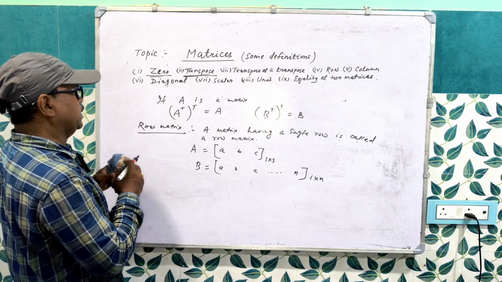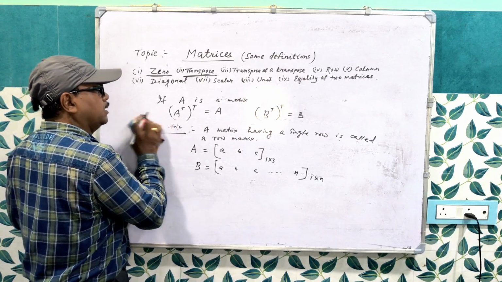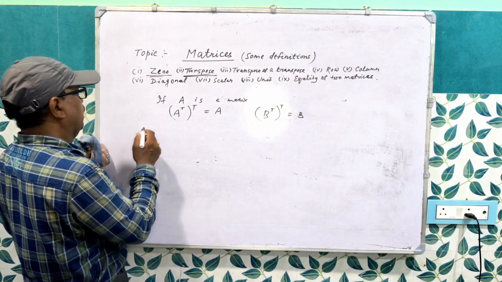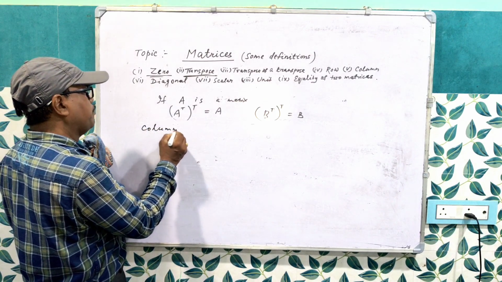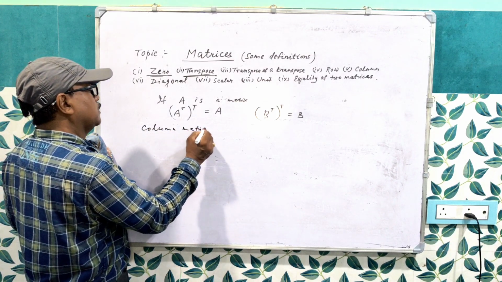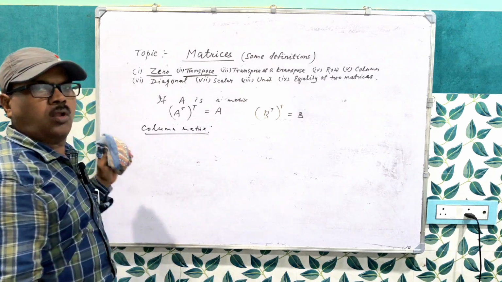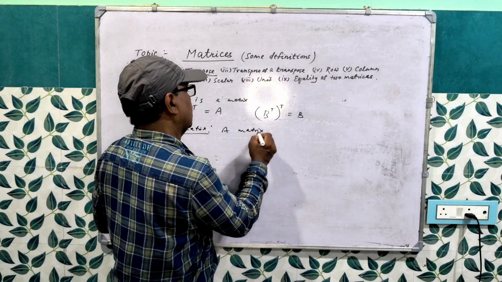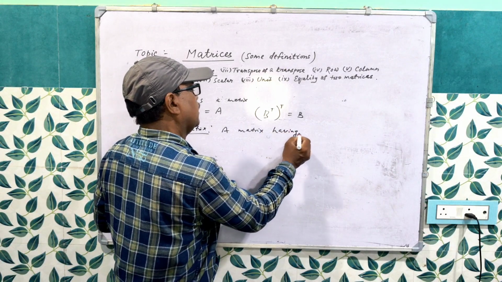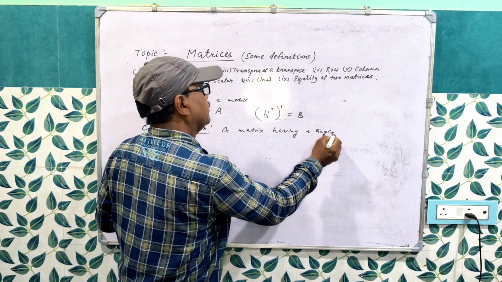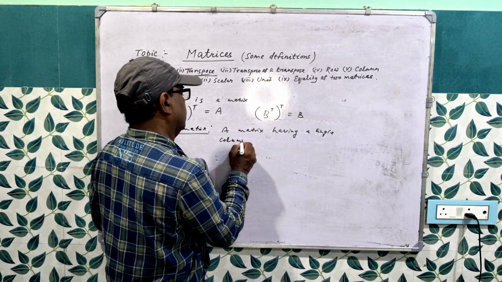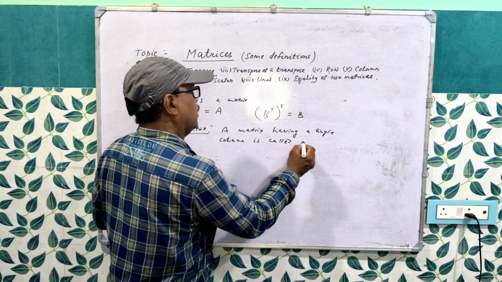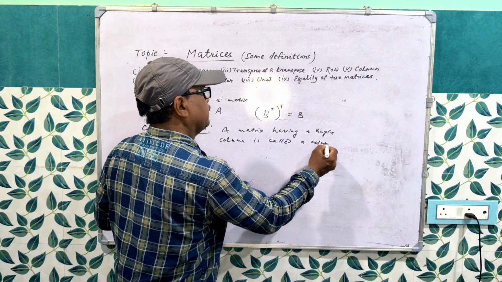Similarly, what is a column matrix? A matrix having a single column is called a column matrix.